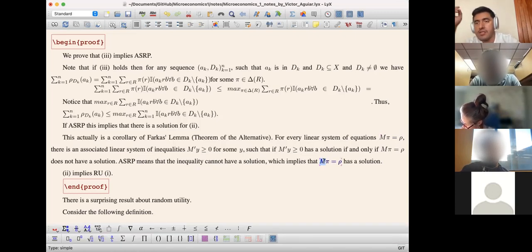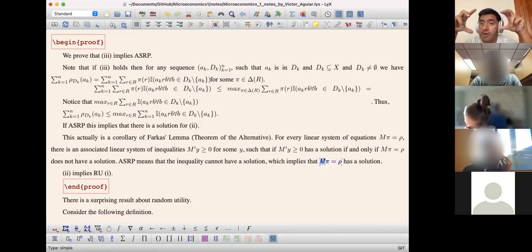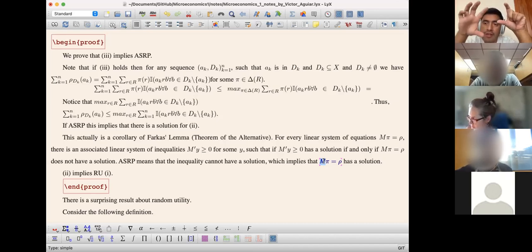So this is a lot, but essentially what I'm telling you is the following. If you have a linear system of equations, by the Farkas lemma or theorem of the alternative, there is an associated system of linear inequalities, right? And if this shadow or alternative system of inequalities does not have a solution, then this is a guarantee that the original system of linear equations with equality has a solution.